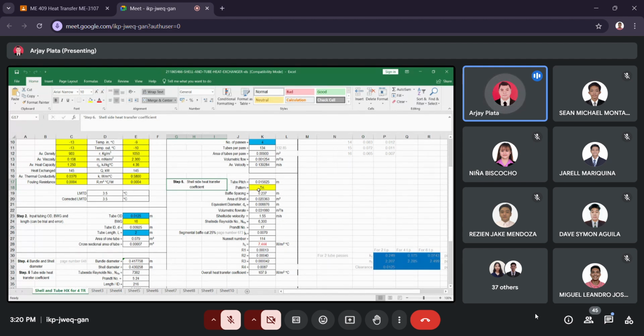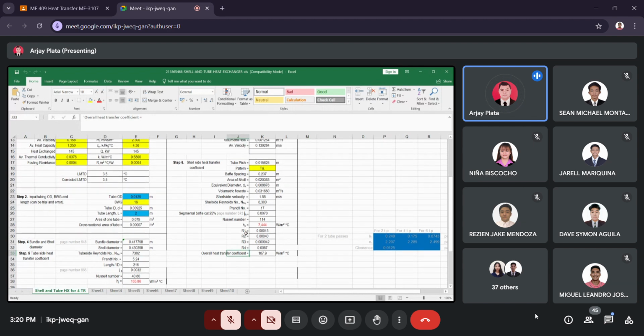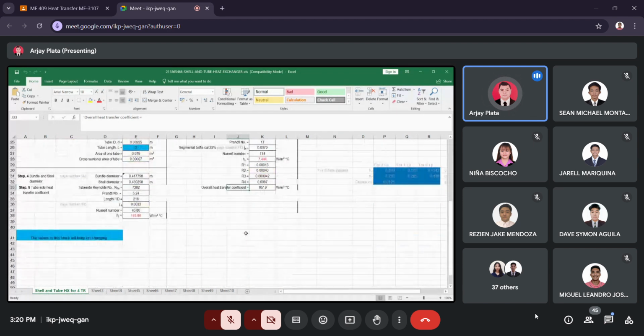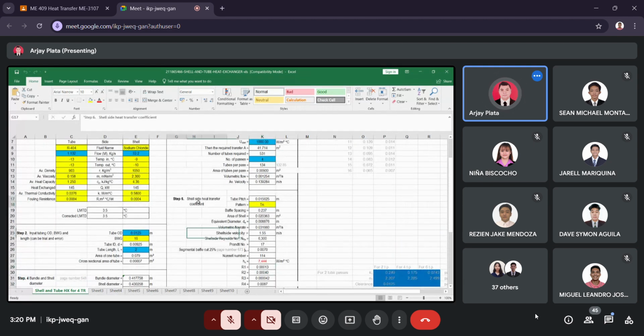Here we have tube pitch, baffle spacing, area of shell, equivalent diameter, volumetric flow rate, shell side velocity, shell side Reynolds number, Prandtl number, and segmental baffle cut. And the overall heat transfer coefficient can be calculated. If we know the overall heat transfer coefficient, we can calculate the size of the heat exchanger. So that's step 6.